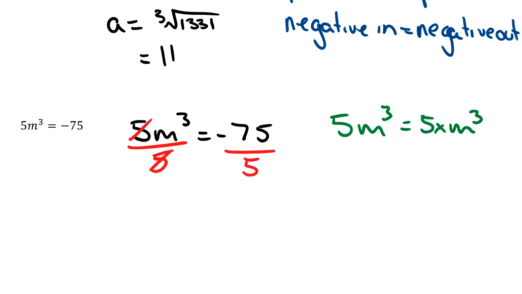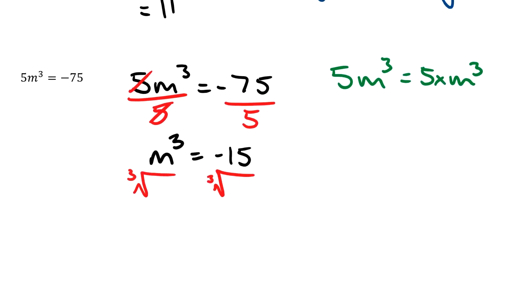My m cubed remains, and I get negative 75 divided by 5, and that gets me negative 15. We then can focus on getting rid of the cube. So m is left over, and we get the cube root of negative 15.